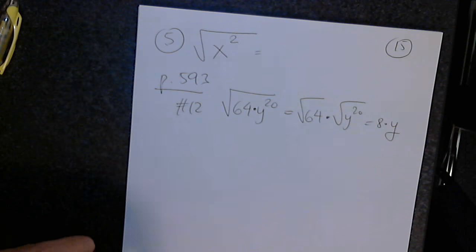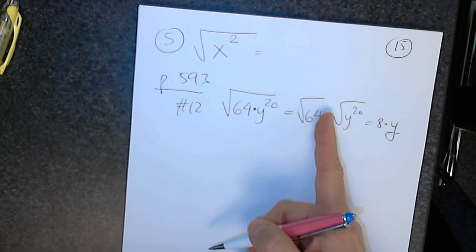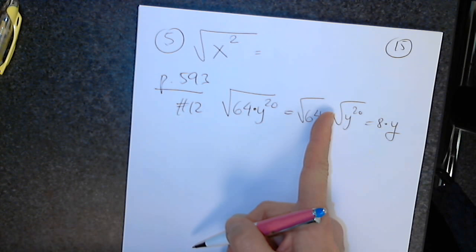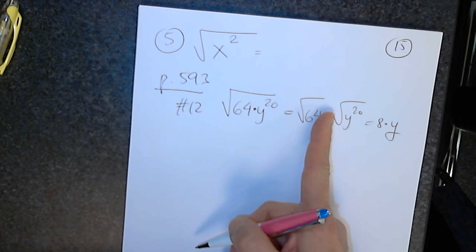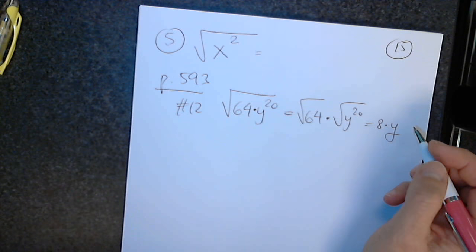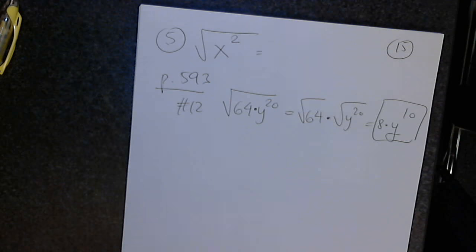It has to stay as the product. So y to which exponent? 20 over 1? But the index is 2. Can the index ever be 1? No. So then 20 over 2 is 10. That's it. So this is the simplified form of this radical.